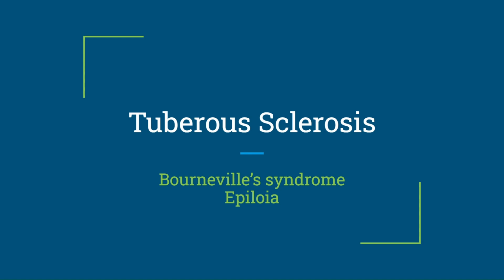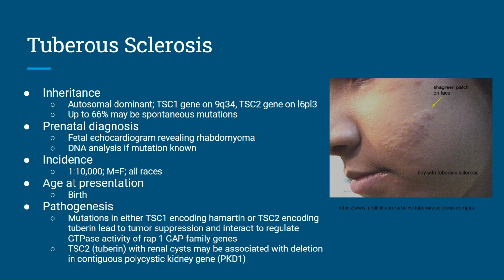All right, another high yield one you've most likely heard of before, but we're going to talk about one more time here, and that's tuberous sclerosis. Autosomal dominant in the TSC1 gene. You could also see this in the TSC2 gene. And what you'll notice here is mutations in these genes encode either hamartin or tuberin respectively, and that interacts with GTPase activities of the RAP1 GAP family genes.